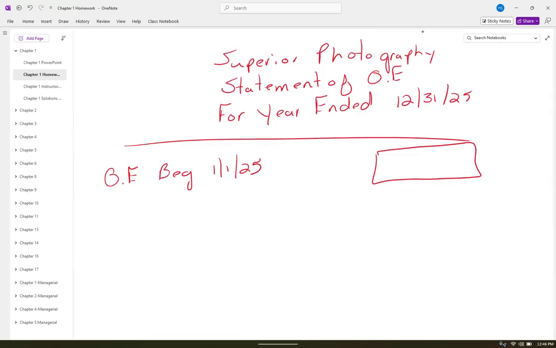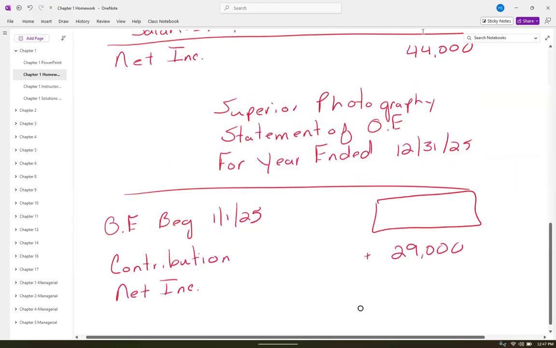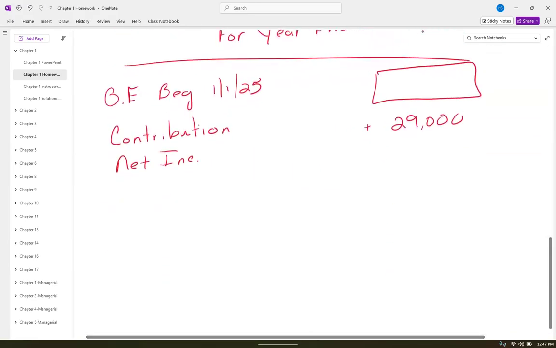The owner put in a contribution of 29,000, which gets added to the balance. So I'm just going to put a little plus sign there just so you know. We're going to add the net income that came from the previous statement we just did, the 44,000. If we had had a net loss, we would be subtracting it.